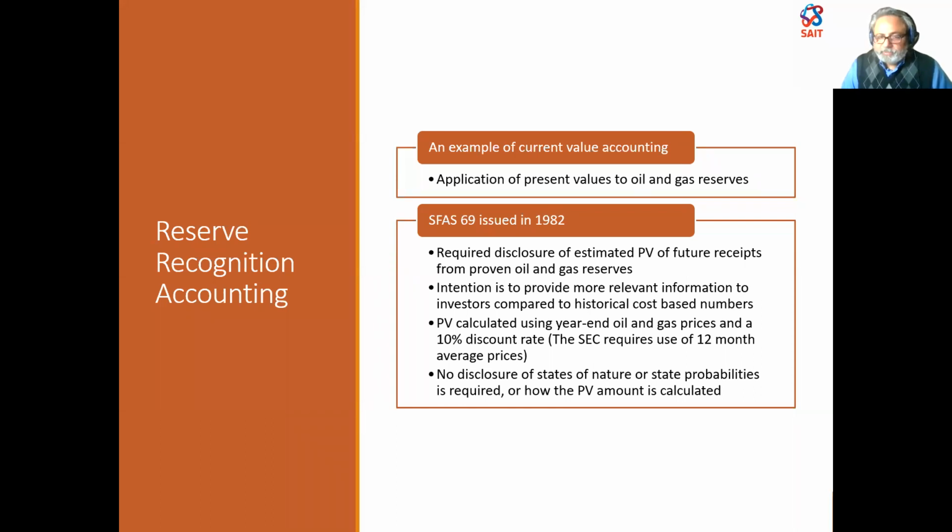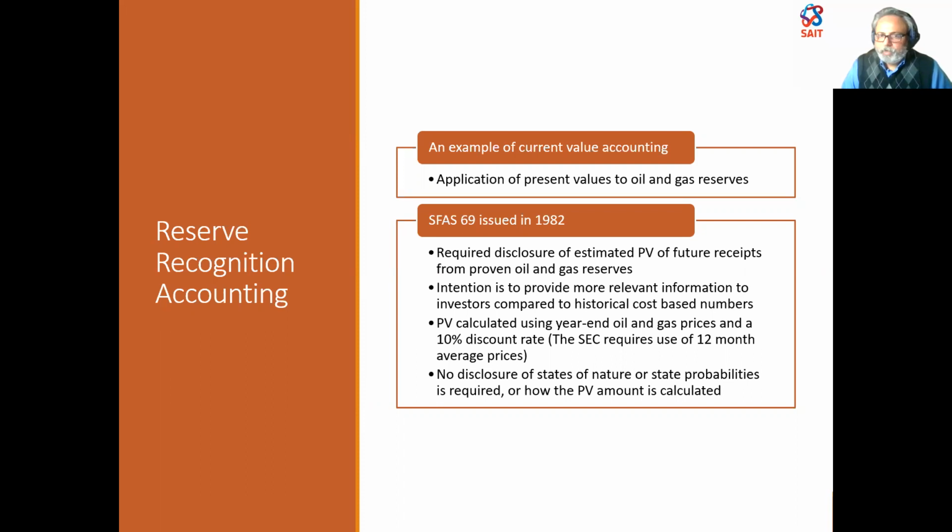So in the United States, the standard is referred to as Statement of Financial Accounting Standards 69, SFAS 69. And it was issued all the way back in 1982, so about 40 years ago.